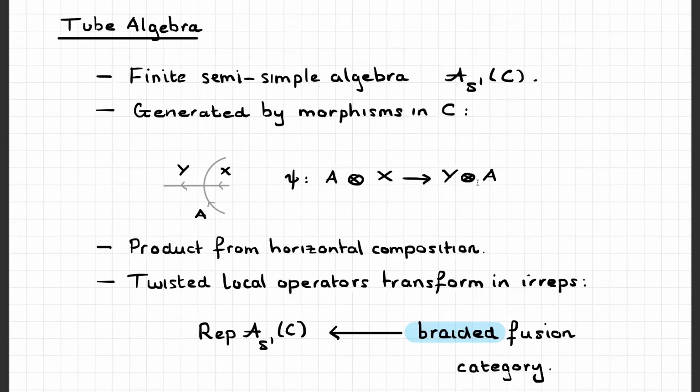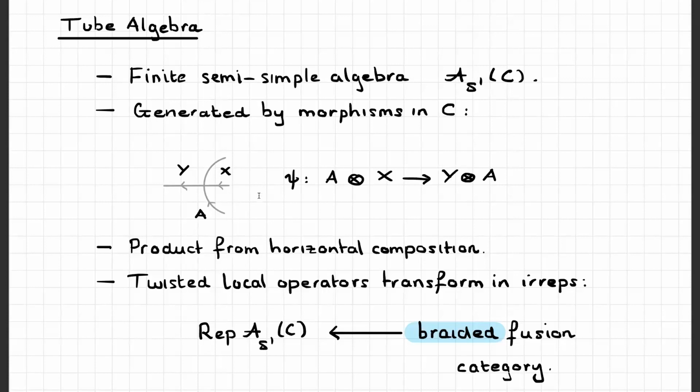And then you have to give a product structure, so it's an algebra. You have to say how to multiply these things. And multiplication essentially comes from horizontal composition of these diagrams. So if you imagine stacking these diagrams horizontally in the way that I've drawn them, that's the way you get the product structure here.